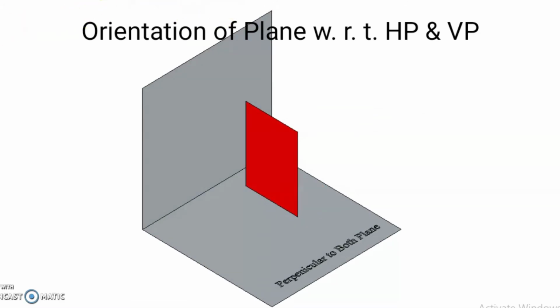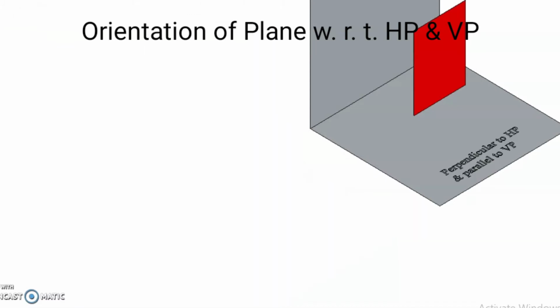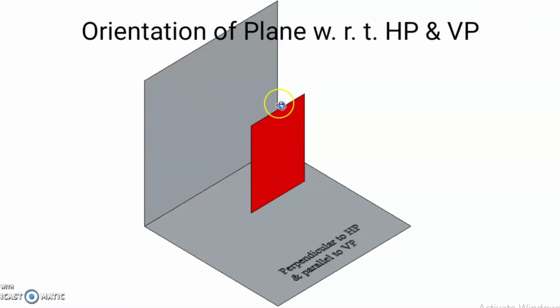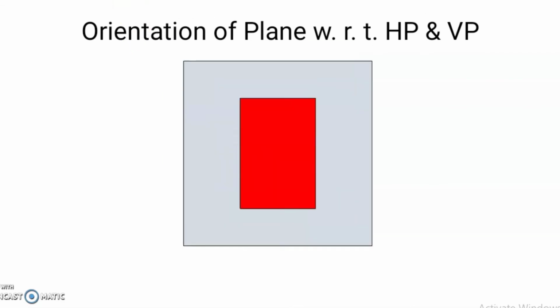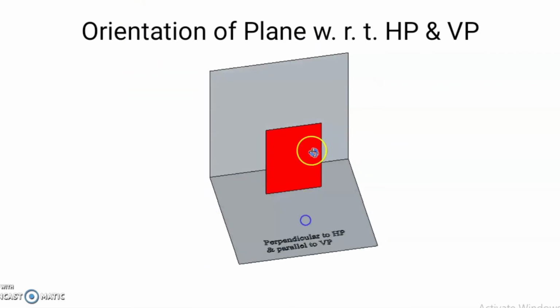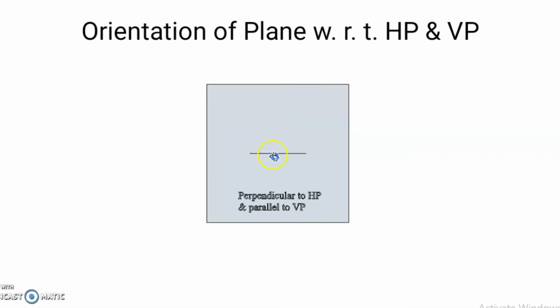Now consider the third case, in which the given rectangular plane is parallel to VP and perpendicular to HP, and its front view appears like this one, meaning the front view shows its true shape, whereas the top view appears like this one, a line view which is parallel to the XY.